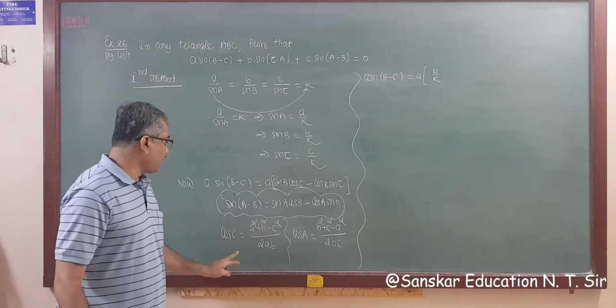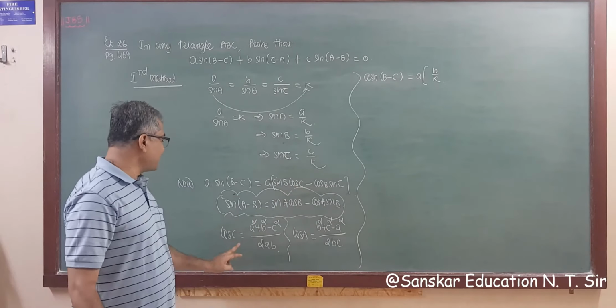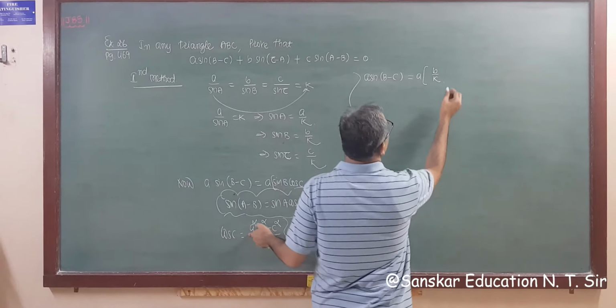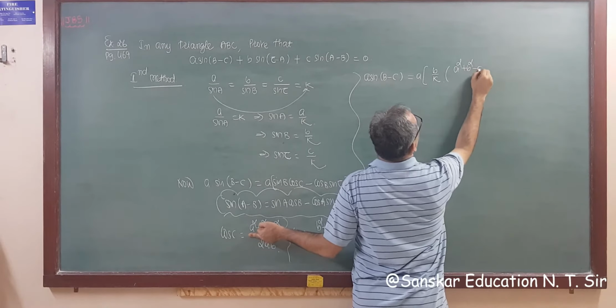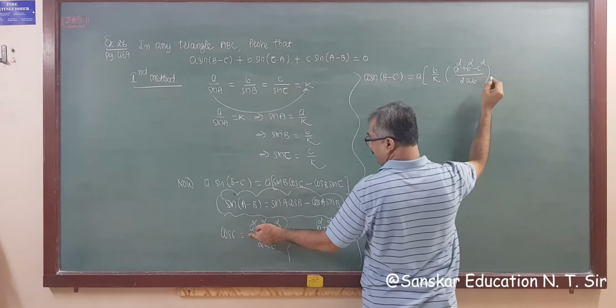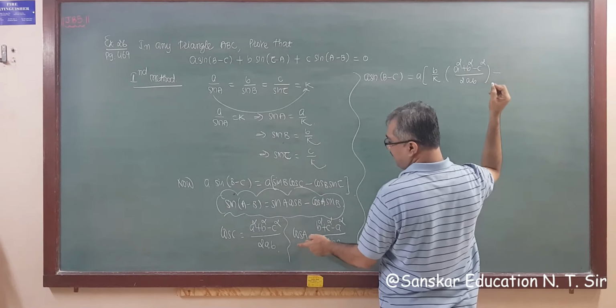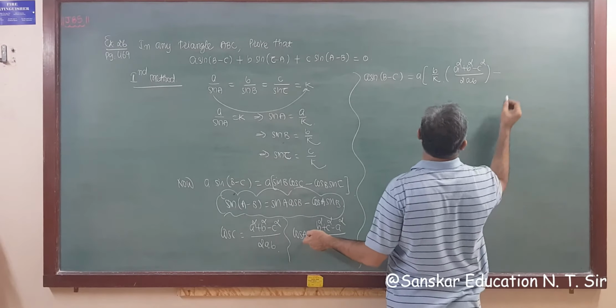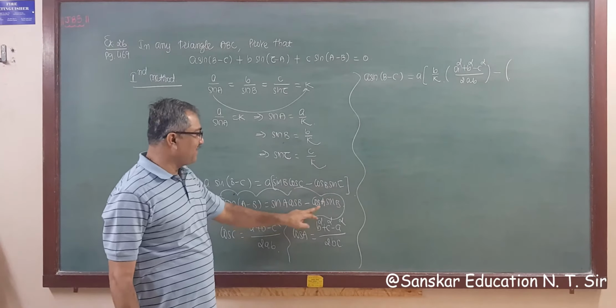So cos C is this. So cos C is A square plus B square minus C square upon twice AB, right? Minus cos B. Instead of B I am writing A here, so no problem. Cos B, we have to apply the formula, I am writing from this.